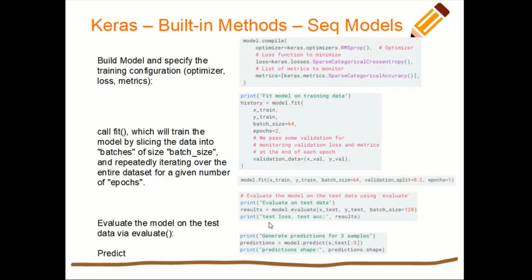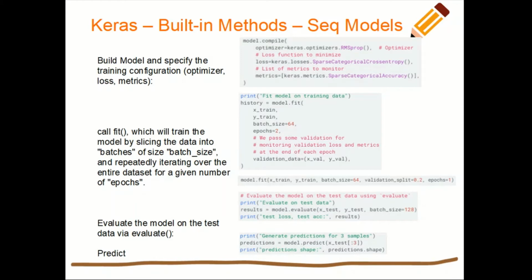Okay, now so far we discussed that a Keras model can be built using sequential or functional API, right? Now models built using both of these APIs have out-of-the-box methods that help us compile, train, validate and evaluate a model, and also predict outcomes using new data.